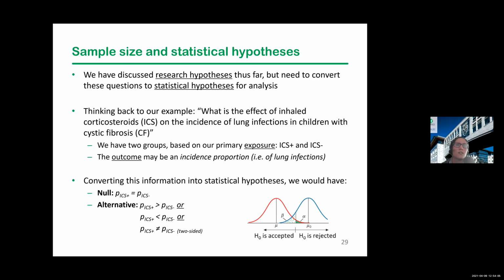One-sided is that you expect that lung infection rate to be bigger in one exposure group versus the other, and vice versa. Whereas two-sided, you just say you expect there to be a difference, but you're not sure about the direction. And this is the most preferred way, unless for some reason you a priori establish that you expect the direction to be in one way versus the other.